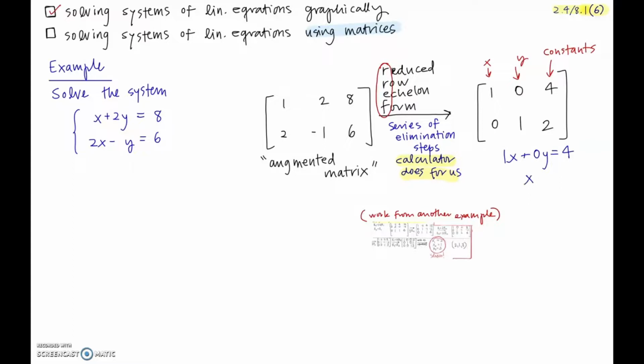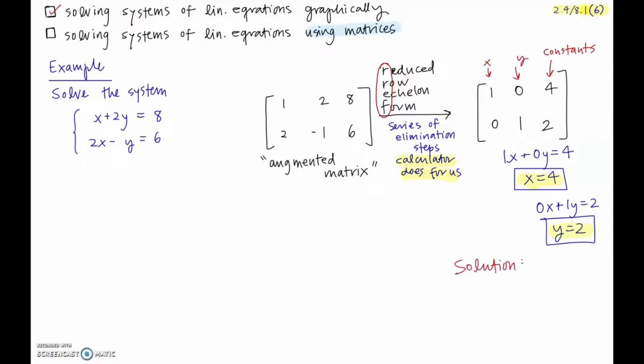Another way to read that is that x equals 4. The second row is saying that 0 times x plus 1 times y equals 2. And that's saying that y equals 2. This is the solution to the system, 4, 2.